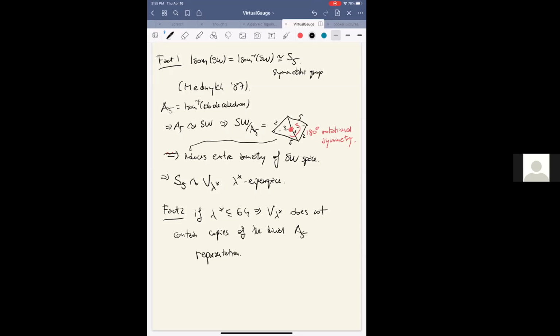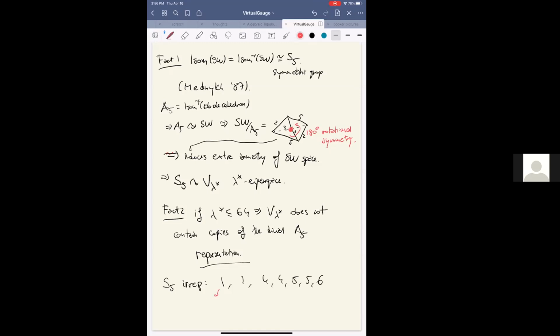Okay. Yeah, so from here you can conclude that each eigenspace has to be at least 4-dimensional, because you look at the representations of S5. So you look at the irreducible representations there. Well, the dimensions are 1, 1, 4, 4, 5, 5, and 6.